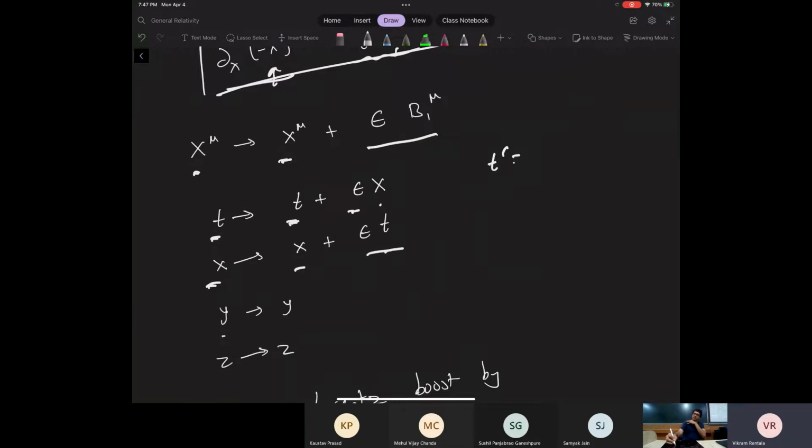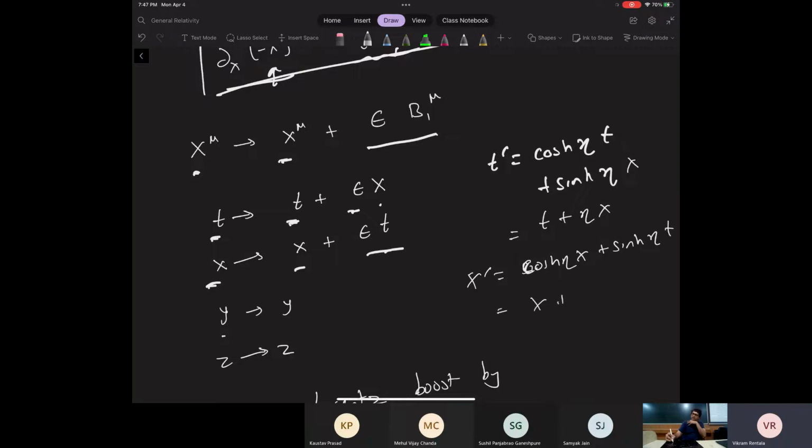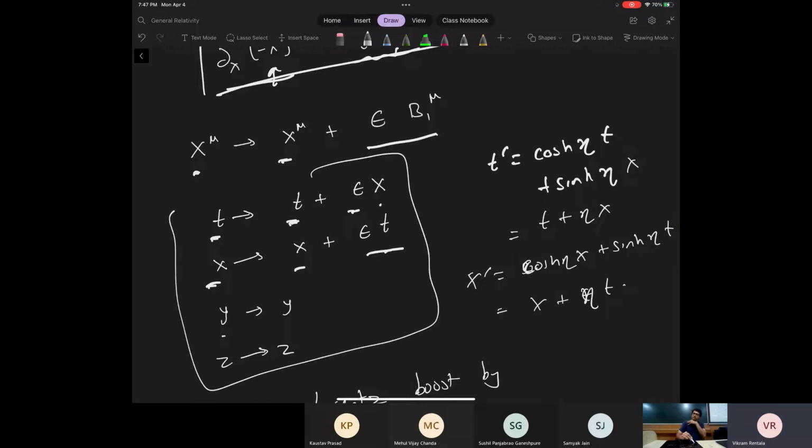In a Lorentz boost, t prime is cosh eta t plus sinh eta x, and if I take eta to be infinitesimal, cosh eta is 1 and sinh eta is approximately eta. Similarly, x prime is cosh eta x plus sinh eta t, which is x plus eta t. So this is just generating an infinitesimal boost.